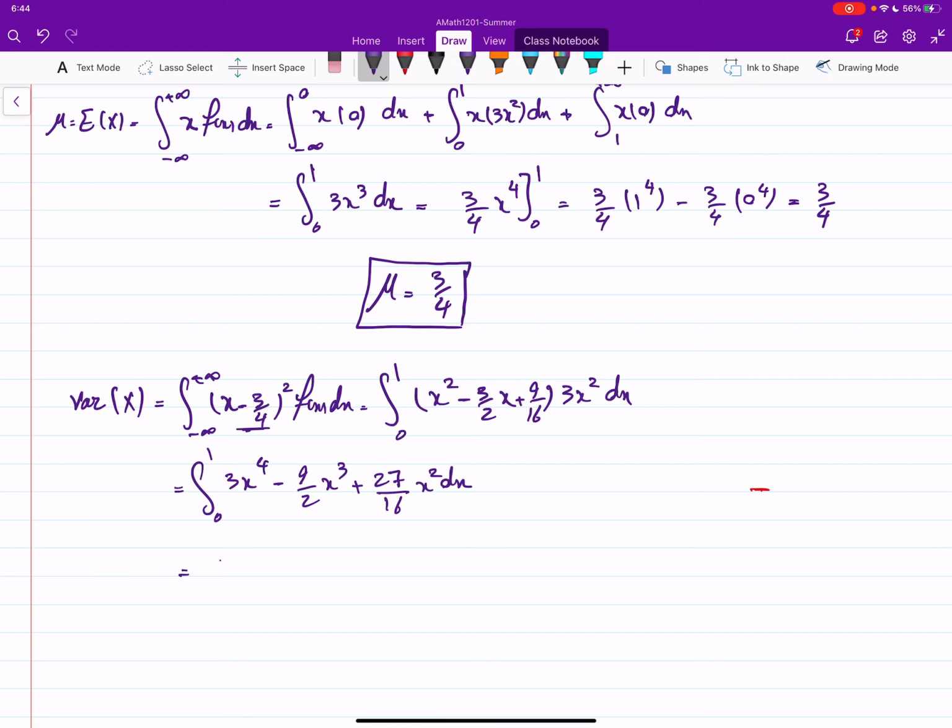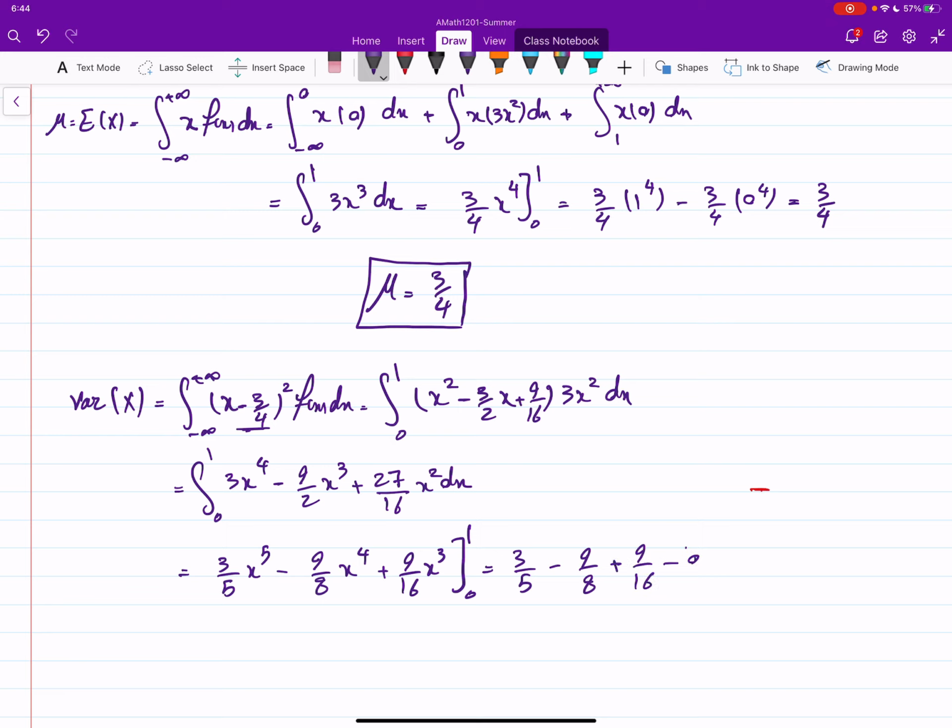By the fundamental theorem of calculus, I need the antiderivative of each term. If you plug in 1, the only remaining part will be the coefficients, because 1 to any power is 1.